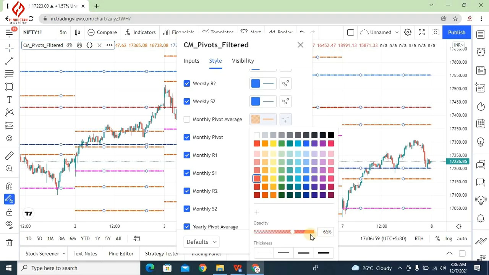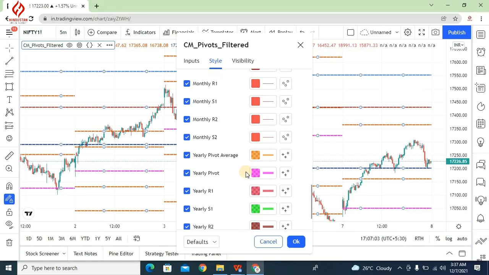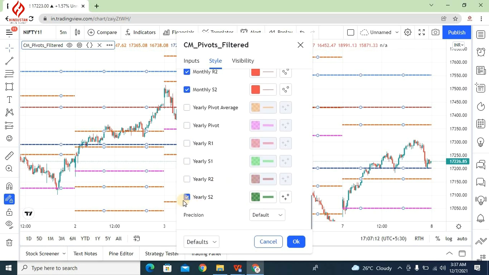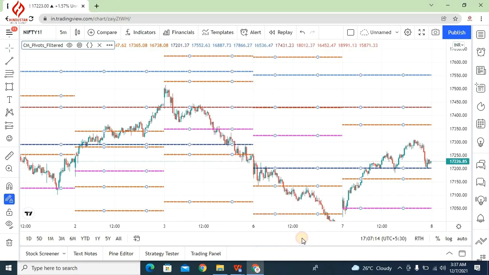Okay, make opacity 100%, thickness first one. So we are done with monthly, daily and weekly pivots. We don't want these yearly pivots. You just unmark these pivots, right? And OK. So now we have plotted pivot points on our chart.